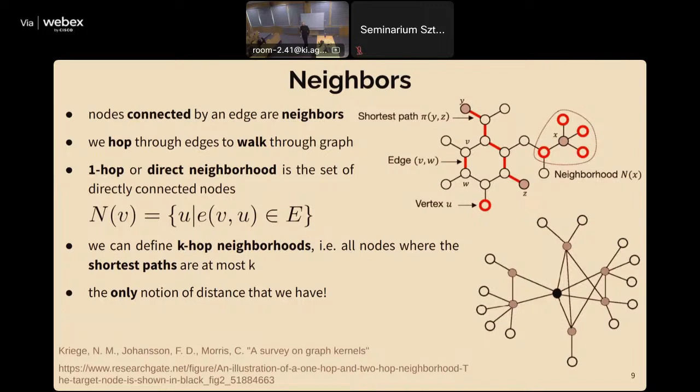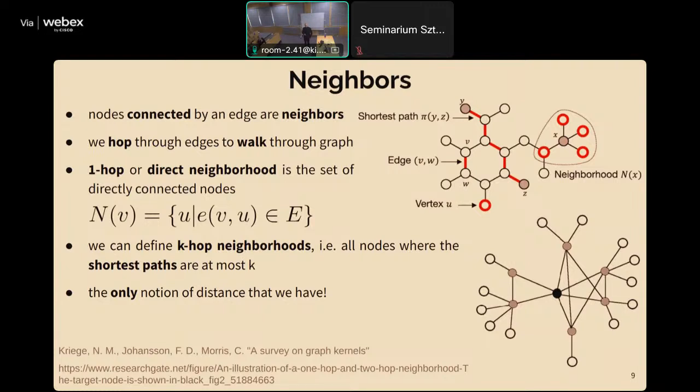And one hop or direct neighborhood is the set of nodes directly connected to some other node. So you can see here on the right, the direct neighborhood of this gray node is this set of red nodes directly connected to it. And we can also define a k-hop neighborhood.